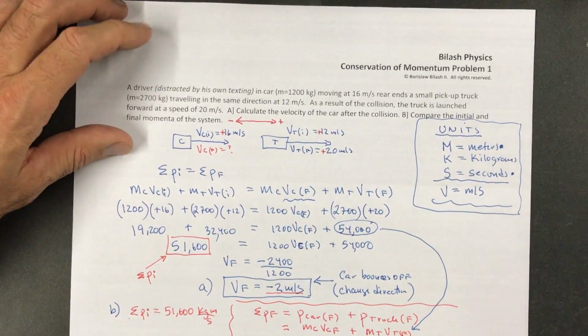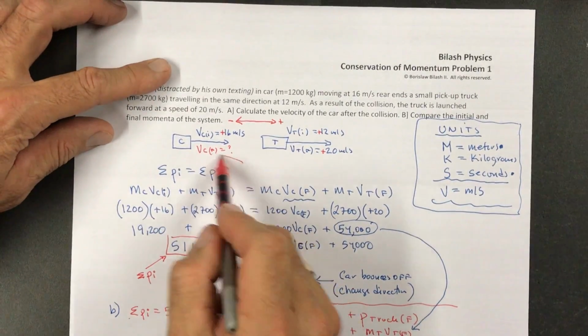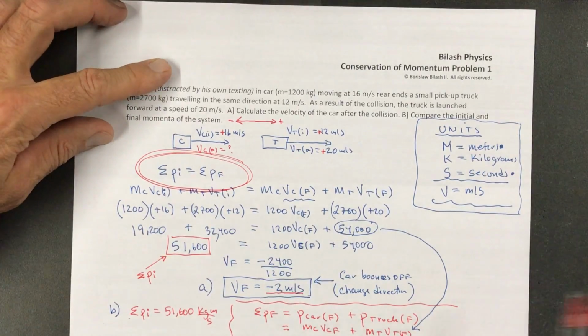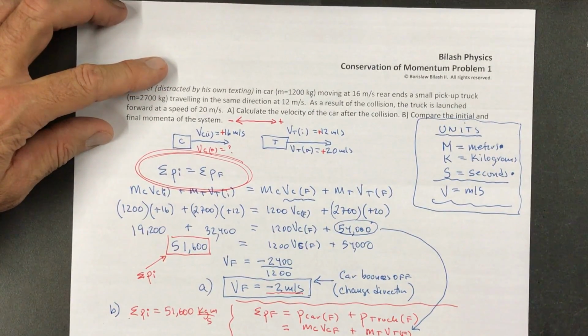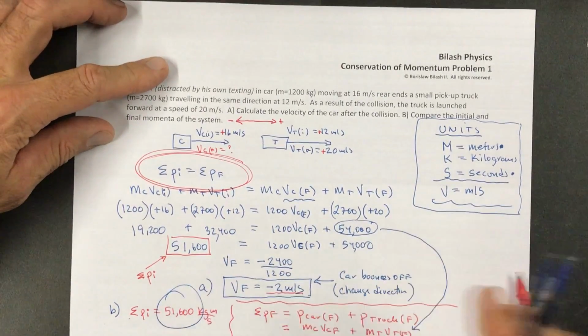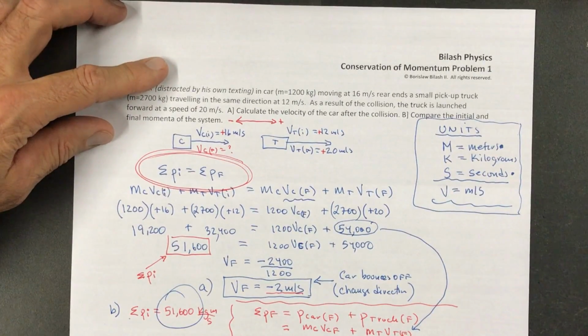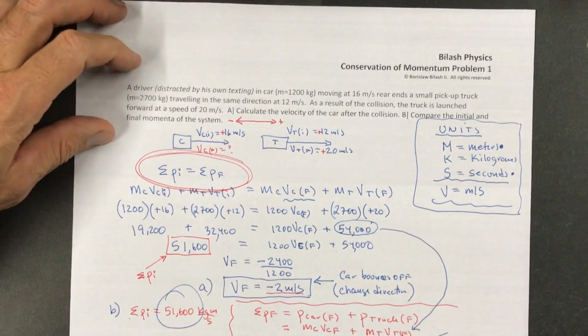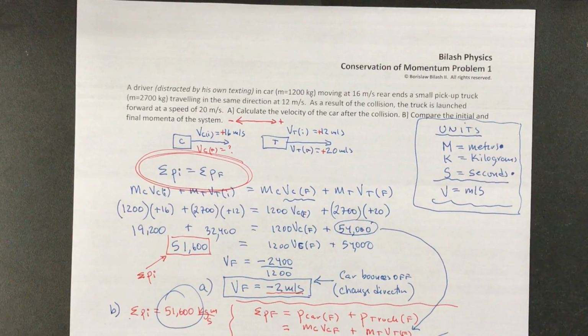Just as we expected, because that's one of the first things we said. We know that momentum is conserved. So we start off with 51,600 kilogram meters per second, and we end up with the same number. So conservation of momentum, and we've proven that.